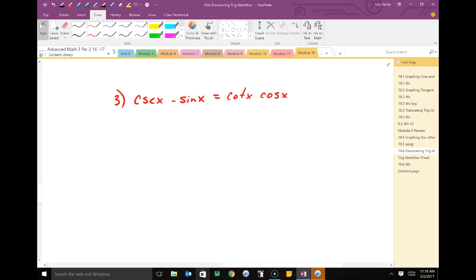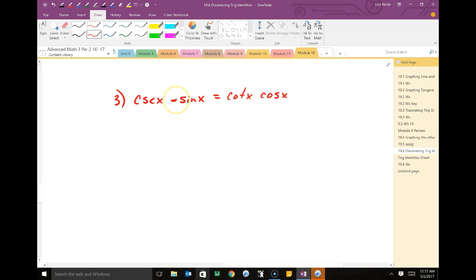I'll show you that they are. Okay, so I'm going to start on the left-hand side. I like to work with stuff that's being subtracted because I know that if I get a common denominator, I can combine it. So the first thing I'm going to do is rewrite cosecant using its reciprocal identity. On the right side, it's times; the right side is being multiplied.